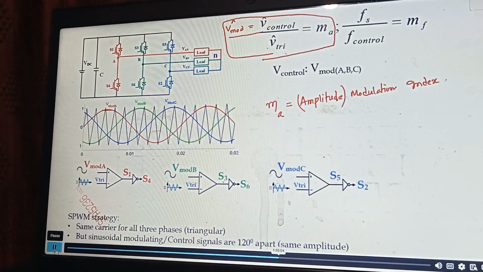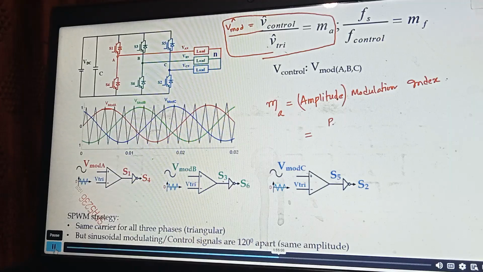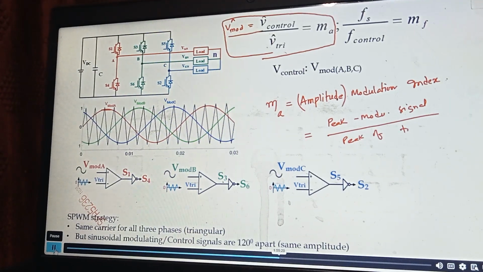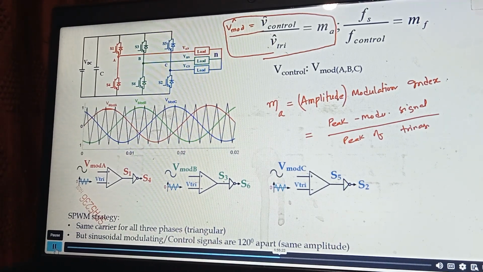How do you define MA? It is the ratio of peak modulating signal divided by peak of triangular signal.